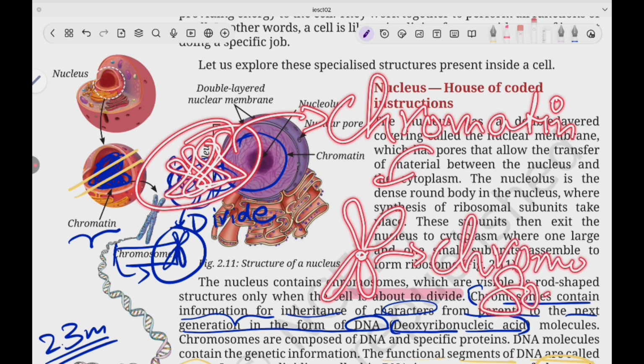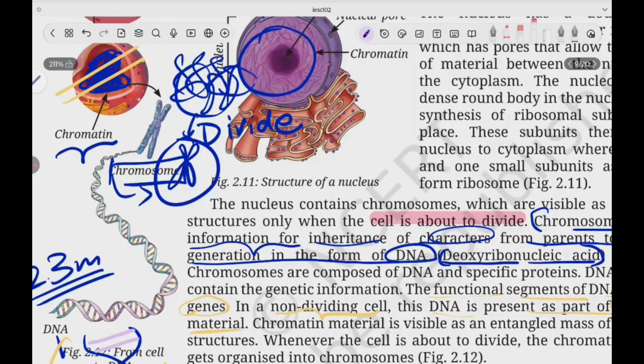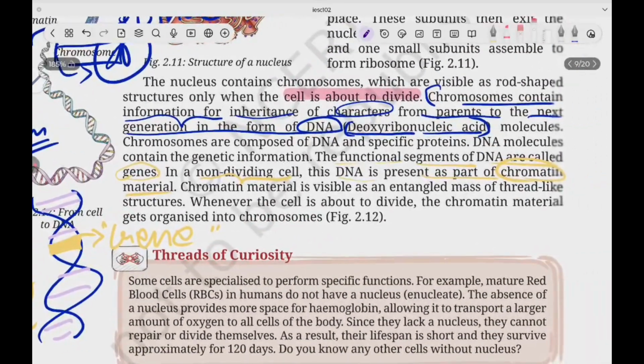It will get condensed. In a simpler way you can write it as: it gets arranged into a chromosome, which contains DNA with small segments called genes. Chromatin material is visible as an entangled mass of thread-like structures.